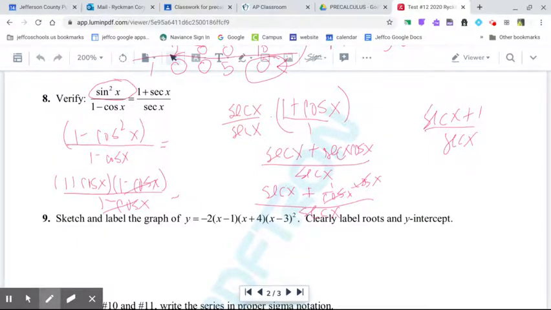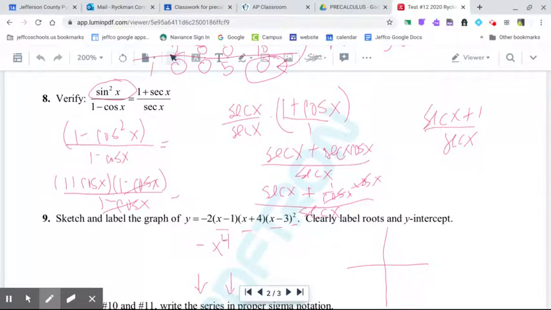All right. On 9, a lot of people had the right ideas, but they made a small mistake here and there. Maybe the y-intercept was an issue. So let's start off with the overall shape. I have a negative, and I have x to the first, and x squared. So I have negative x to the fourth. That means that my graph should go down and down.